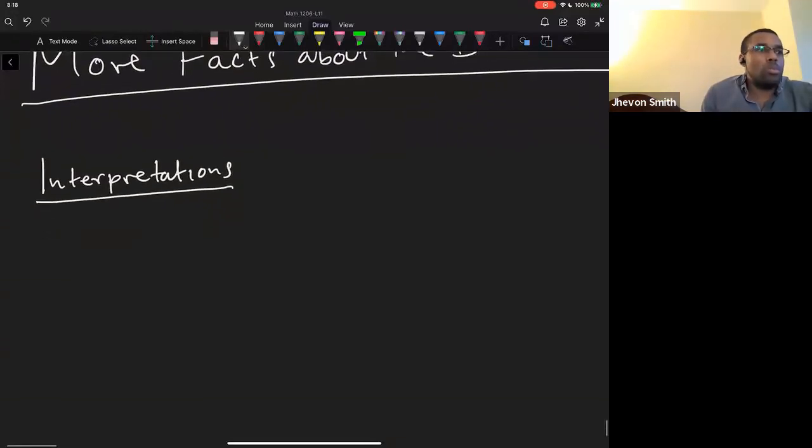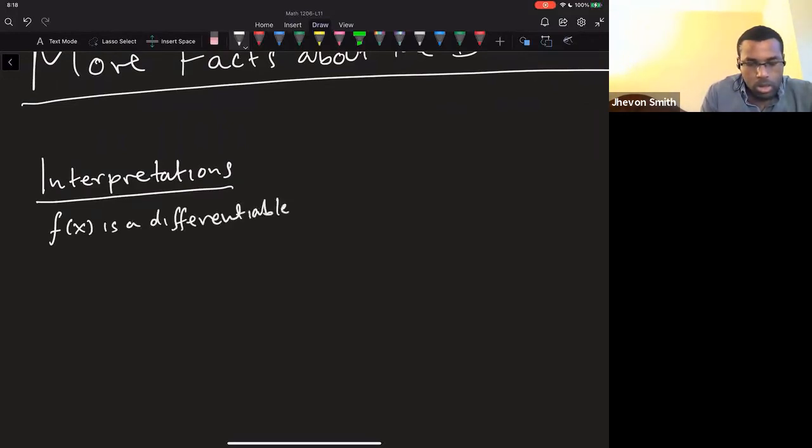We know that f is a differentiable function and f prime is its derivative.